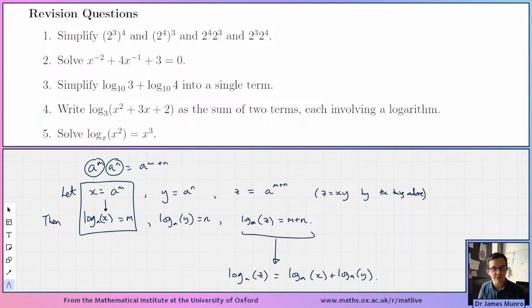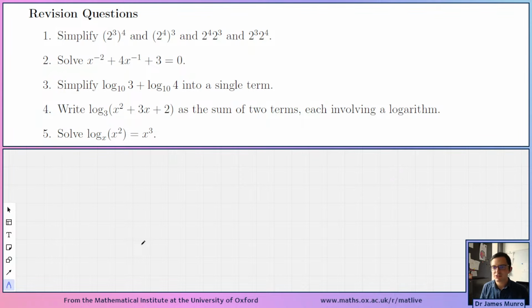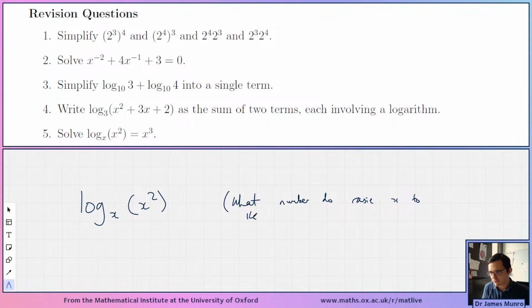Let's have a look then. So these first 5 I think are probably okay. I tried to make 5 look weird. On the left there I've got log base x of x squared. So log base x of x squared is just asking what number, let's do it in words, what number do you raise x to the power of to get x squared?